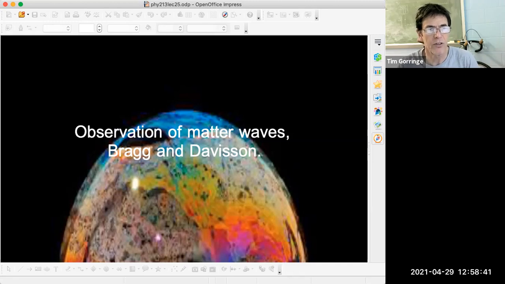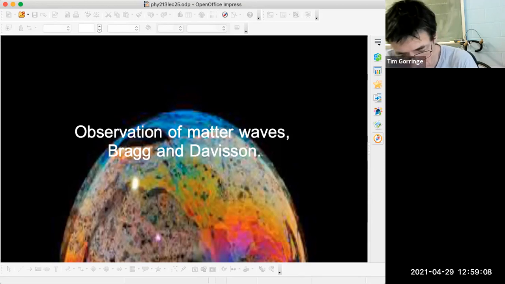It was an amazing event, the first time that we saw inside crystals, how crystals were laid out. So that was Bragg's Nobel Prize. And then Davidson used diffraction and crystals to actually show that electrons are matter waves. So he's the first person to actually see matter waves. So that was also a fantastic event.